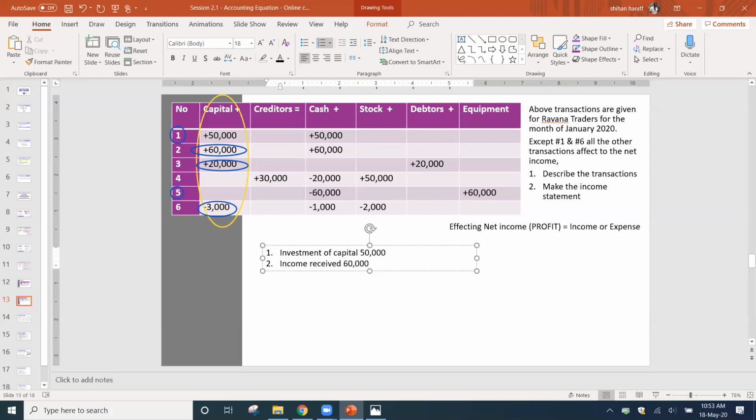You can have anything: rent income received or interest income received, cash sales. Right? 60,000. You can't say additional capital.